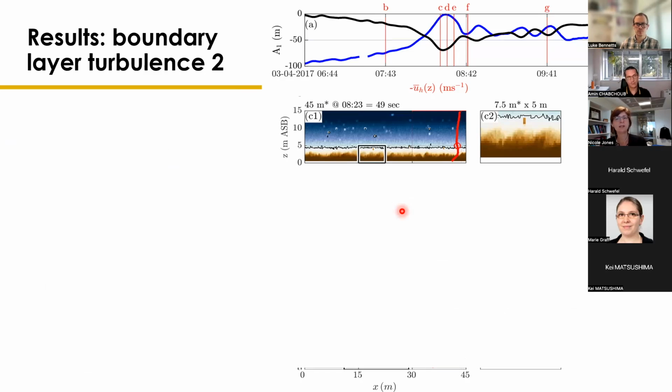And if we zoom in, we can see the coherent structures of the turbulence being picked up, in this case, in a nonlinear internal wave. The black line here shows you the amplitude of the nonlinear internal wave.